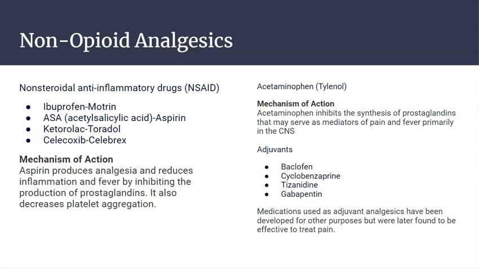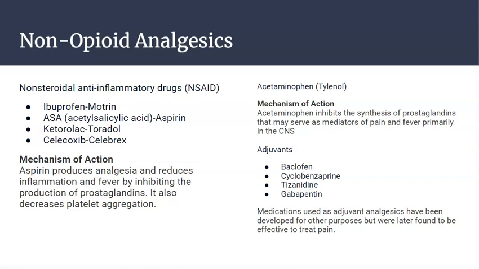So, the first set of medications are non-opioid analgesics, and just know the word analgesic is something that relieves pain. So, we have NSAIDs or nonsteroidal anti-inflammatory drugs like ibuprofen, aspirin, ketorolac, or, I'm probably going to butcher this, celecoxib, or otherwise Celebrex.